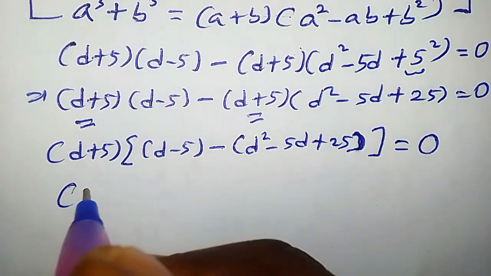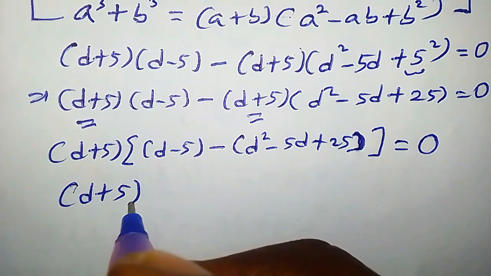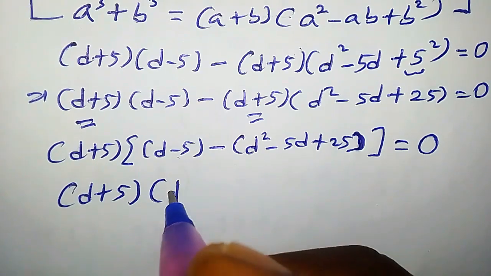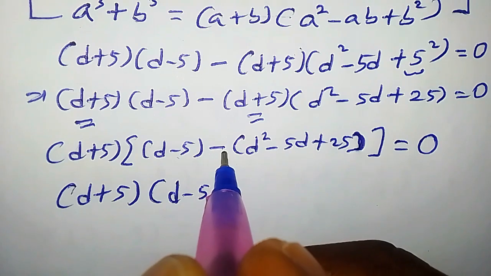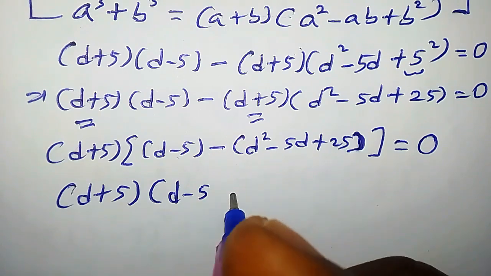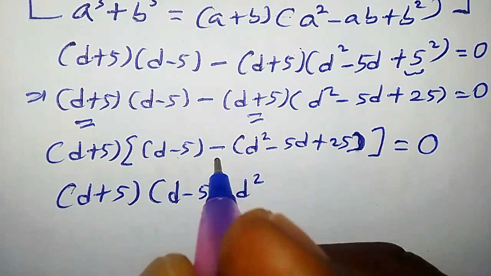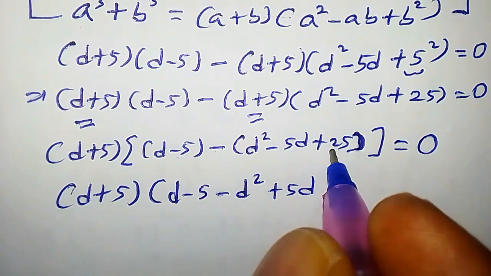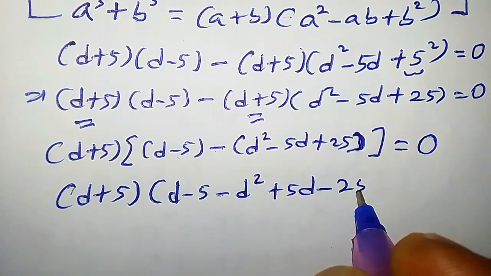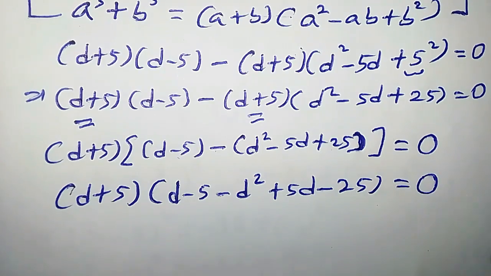Let's proceed further. So we have d plus 5 times d minus 5. Now, let us open this bracket using this negative sign. Minus times d squared, that is minus d squared. Minus times minus 5d, that is plus 5d. Minus times 25, that is minus 25, equal to 0.